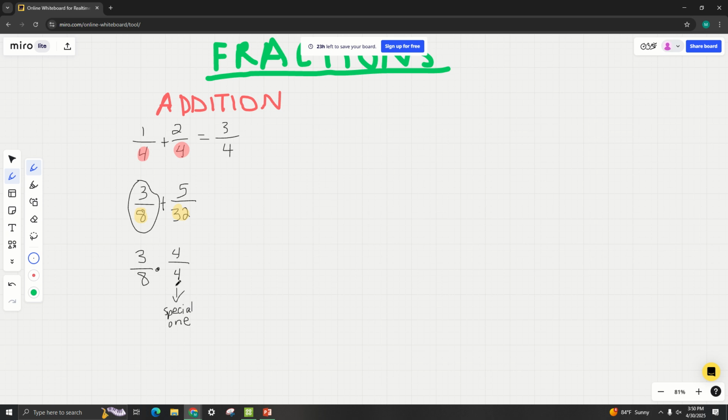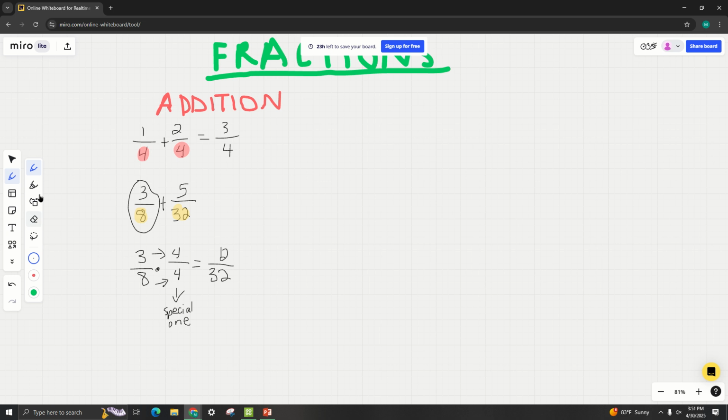It doesn't matter what number it is. If I wanted to make a denominator of 64, I'd multiply 8 by 8, so I'd have to do 8 over 8 then, just so that I keep the value of the fraction the same. All I'm doing is changing how it looks. So now we're multiplying fractions, so we multiply straight across the top, straight across the bottom. 3 times 4 is 12, 8 times 4 is 32.